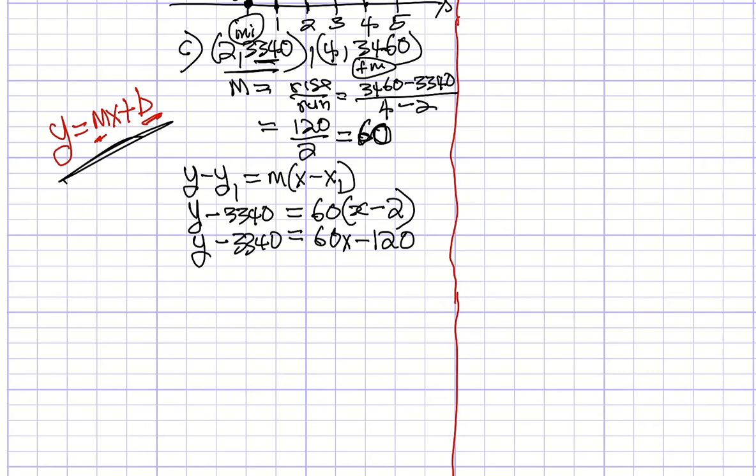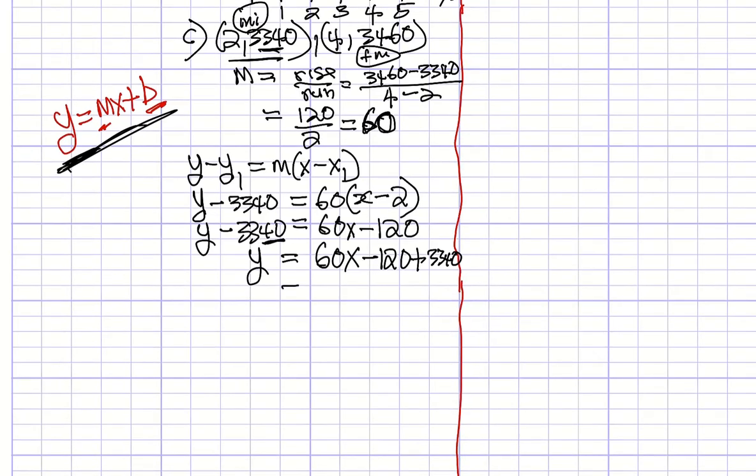We have to have y on the left side. So y equals 60x minus 120 plus 3340. When we move that over, it becomes a positive sign.